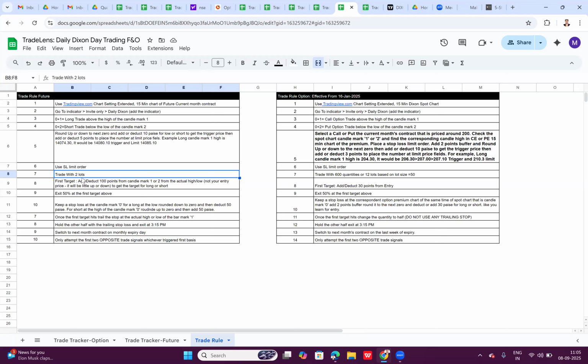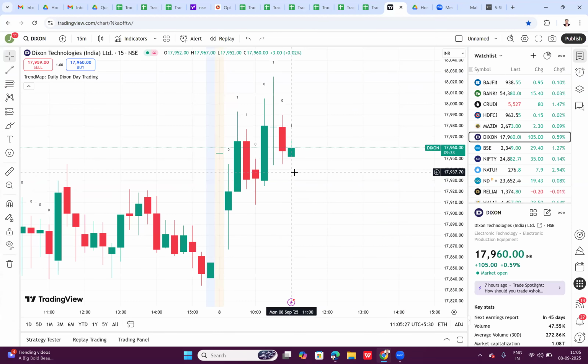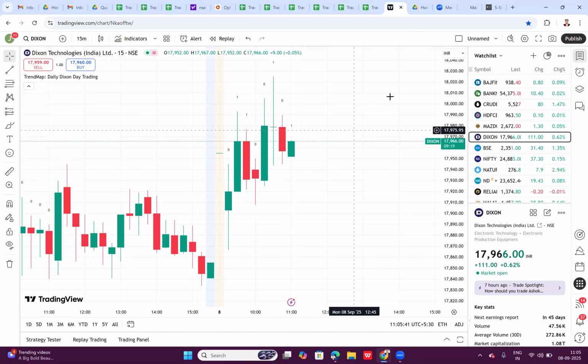The first half quantity we have to book at the first target of price. The remaining half quantity we have to hold till the 3:15 time target. Means as per the rule of this Dixon indicator, we have two targets: first the price target and second the time target. Always book the first half quantity at the price target and the remaining half quantity at the time target.